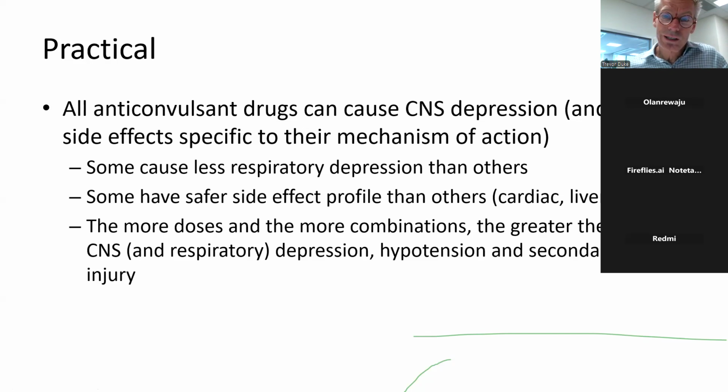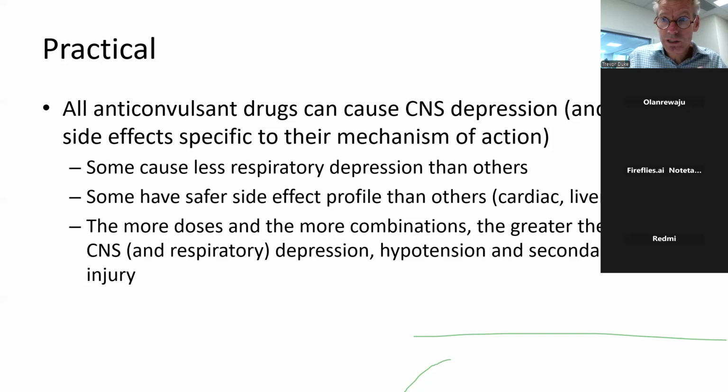So therefore, they will get some CNS depression. But some of the drugs cause less respiratory depression than others, levetiracetam being one. Some have safer side effect profiles than others, especially on the heart and the liver. But regardless, the more drugs that a child receives and the more combinations, the greater the risk of CNS and respiratory depression or hypotension or secondary brain injury from those things.